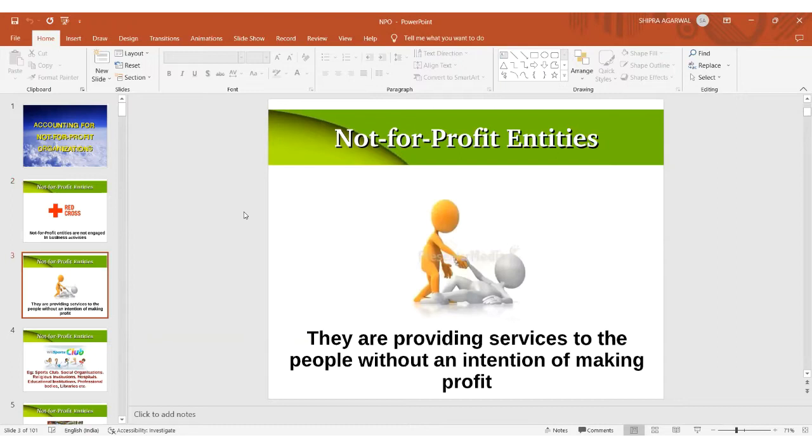Right? So in that case, they are just providing these services to the people, or maybe you can say to their members. For example, a club is also a not-for-profit, or what we call an NPO, but they provide services to their members. Similarly, hospitals are also NPOs, and they provide services to the general public, that means to the people.